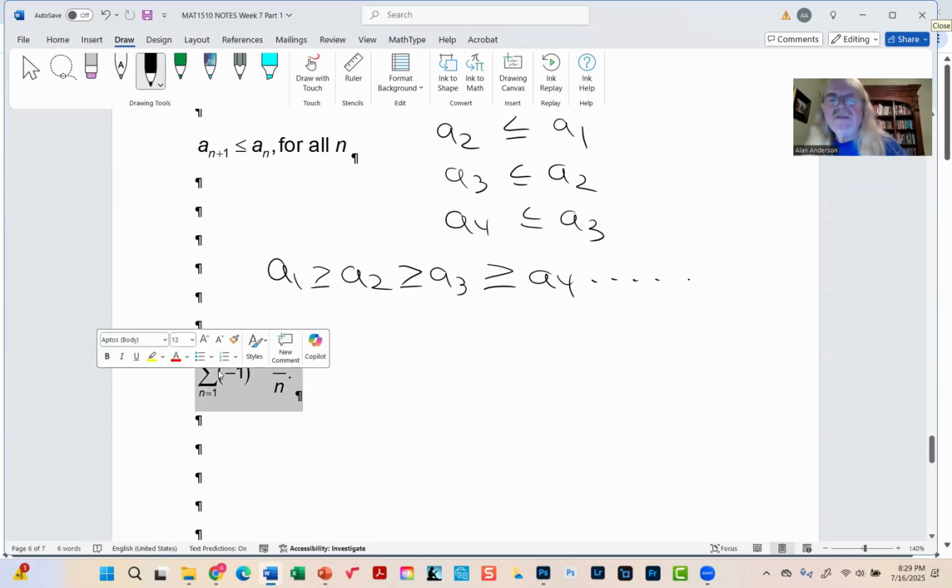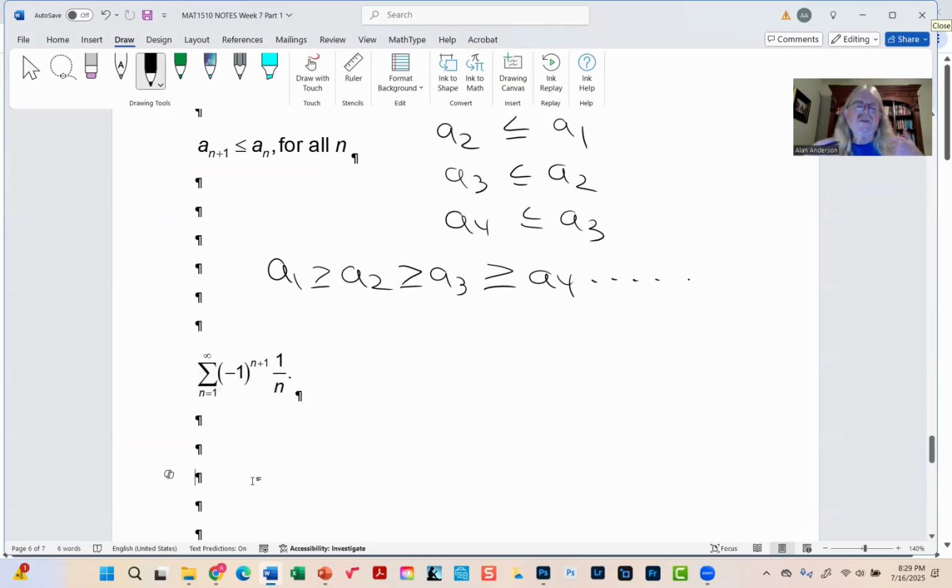So what is this? Sometimes it's helpful to write out some of the terms so you can visualize what's going on. So the first term, if you notice, n plus 1 is 2. So we're going to have positive 1 over 1. Then you're going to have negative 1 over 2.